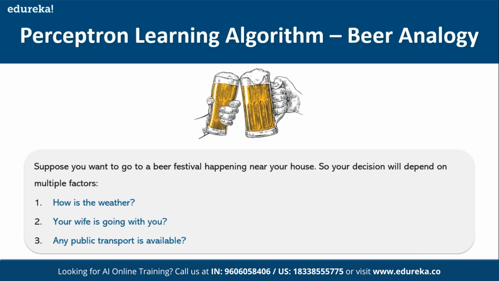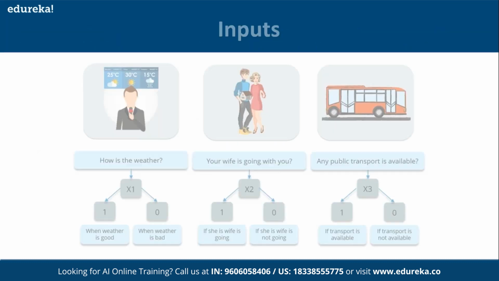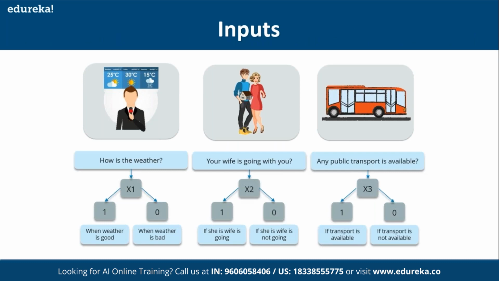Now for every question you have two outputs. If the weather is good, the output of this question will be 1. If the weather is bad, the output is 0. If your spouse is accompanying you for the beer festival, it is 1. If not accompanying, it's 0. If public transport is available, it is 1.